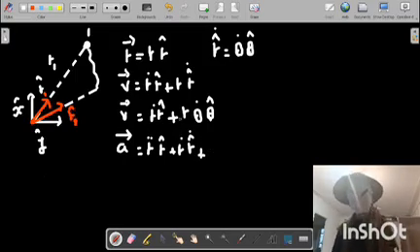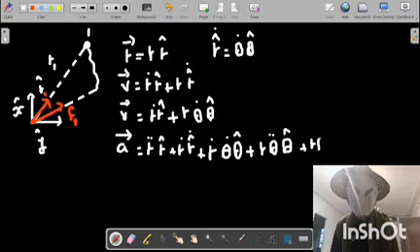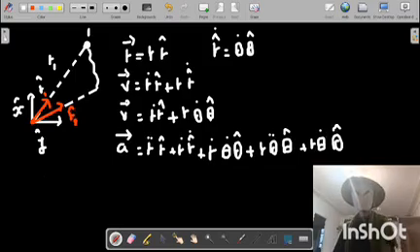This is going to give us three terms. r dot theta dot theta hat plus r theta double dot theta hat plus r theta dot theta hat dot. This is our equation.